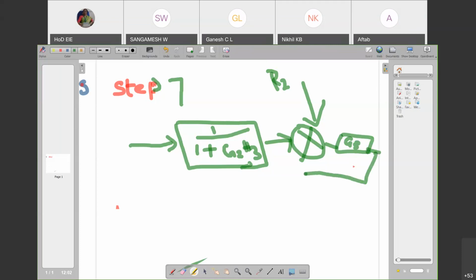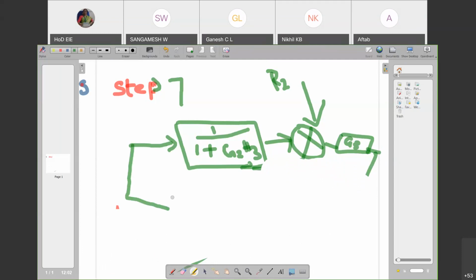And then I know that there are two elements which are parallel. We have noted down that two elements are parallel, so I am trying to see the output of that by taking them in parallel.